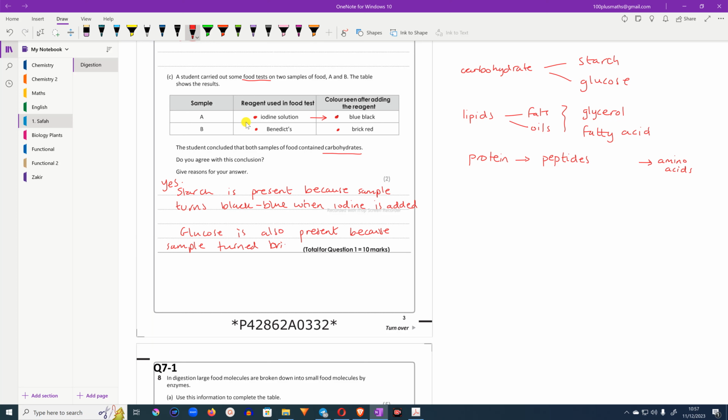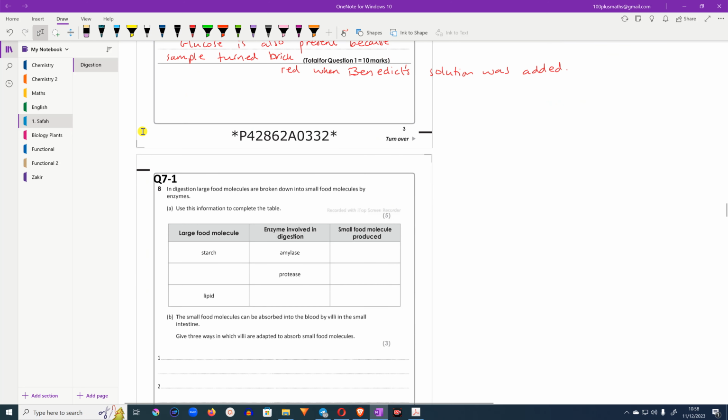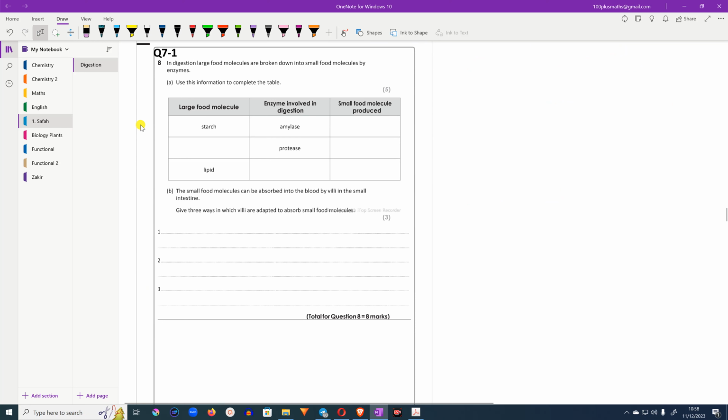Okay, that's the key word, brick red. Don't just put red. When Benedict's solution was added. Okay, that's that done.